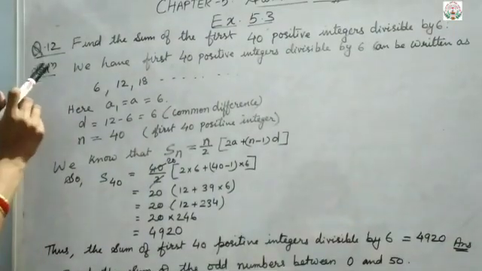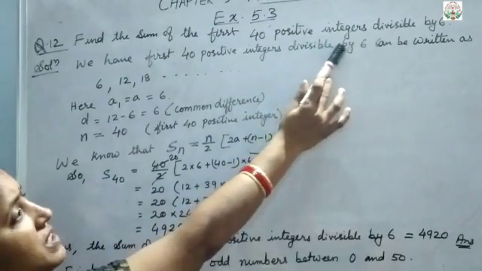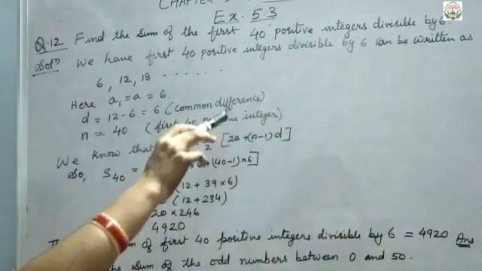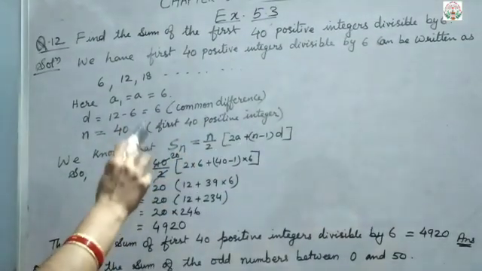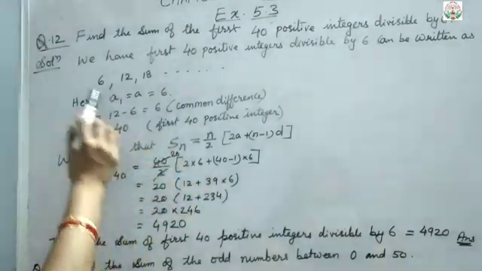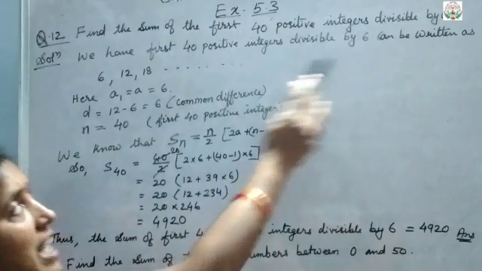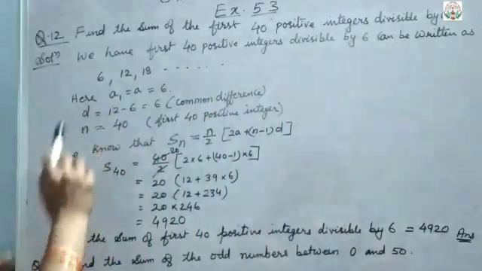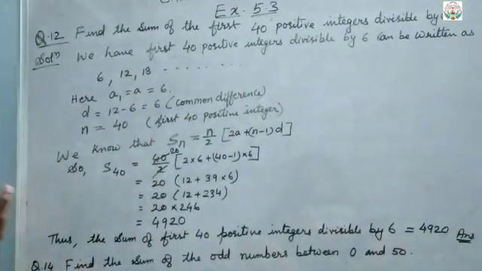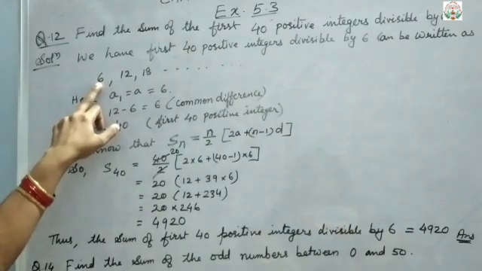Now see children, question number 12: find the sum of first 40 positive integers divisible by 6. Divisible by 6 means 6, 12, 18 likewise. So the first 40 integers divisible by 6 can be written as 6, 12, 18, and it will continue, because divisible by 6 means the table of 6 will come.